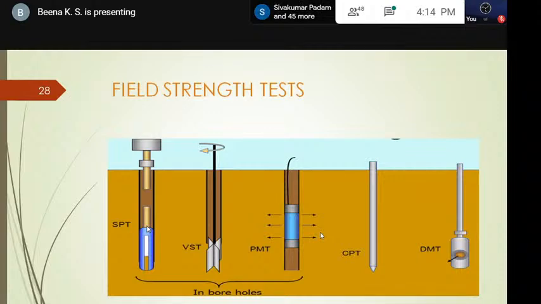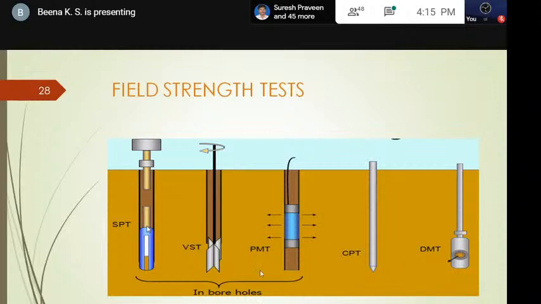Hence, empirical methods are used to assess bearing capacity using test data from field tests like SPT or CPT, plate load test, etc.